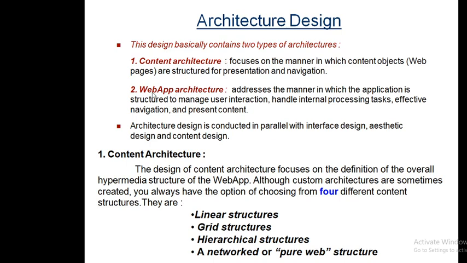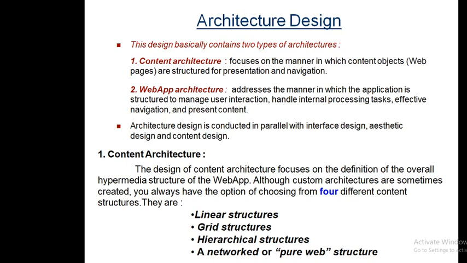Then the second architecture is the web app architecture. Web app architecture addresses the manner in which the application is structured to maintain user interactions, handle internal processing tasks, provide effective navigation, and present content. So this architecture is mainly structured to manage four things.